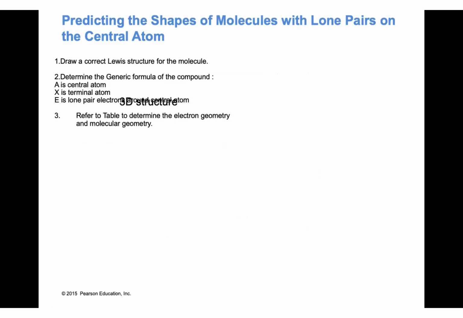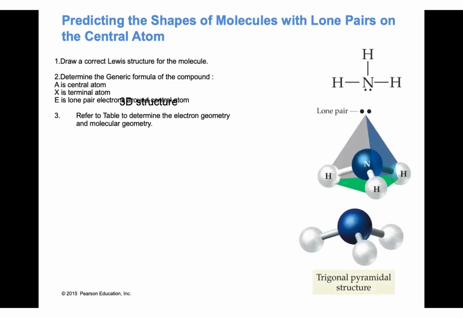Okay, let's do another molecule. I'm going to talk about NH3 here. So let's draw the Lewis structure, the first step. Here is the Lewis structure. Then we find the generic formula. Let's do it together. A is the central atom. What is A here? It is N, right? Then how many terminal atoms do I have? 3, right? I have 3 X's here.